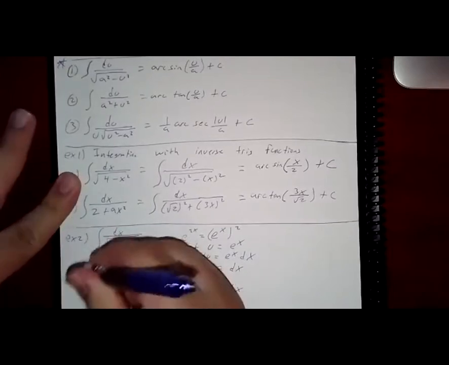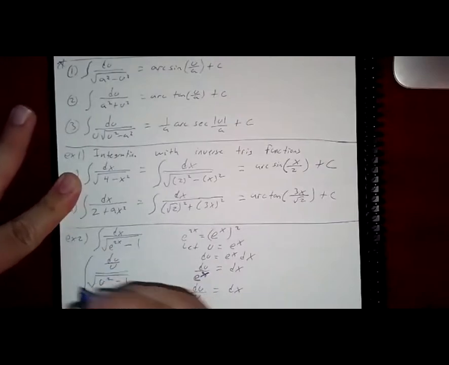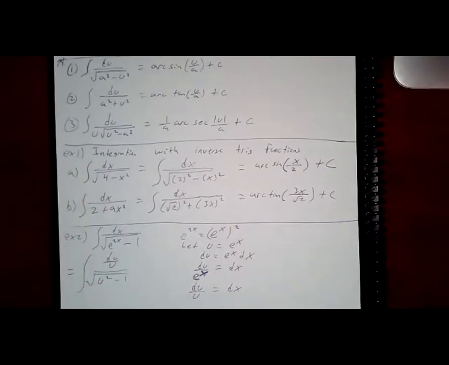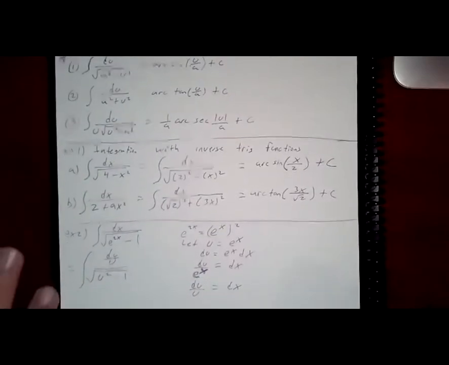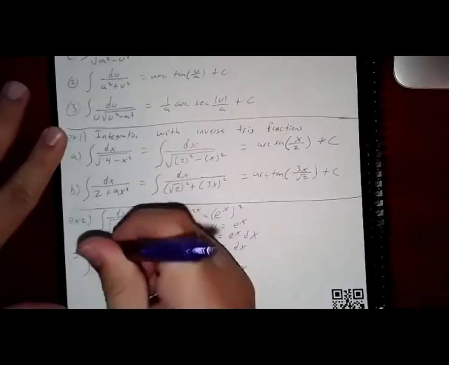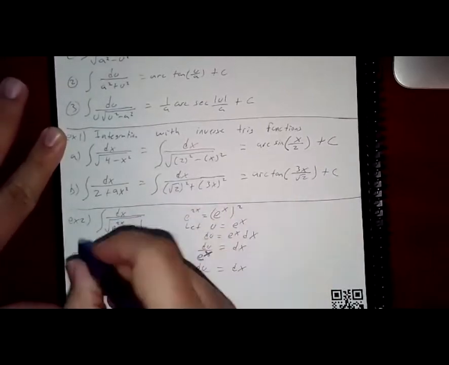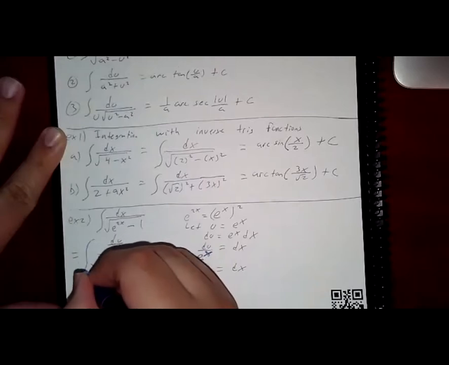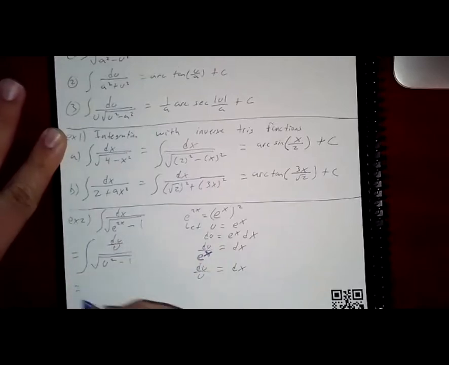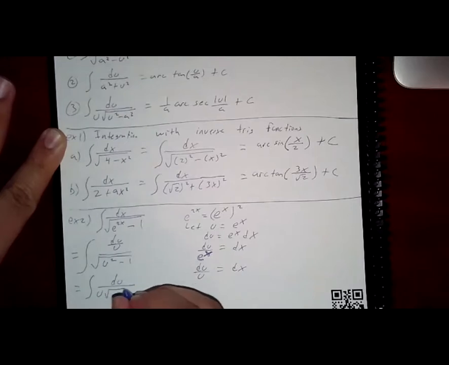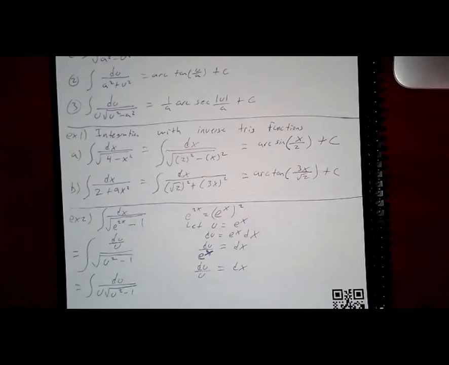Let me write that better. That looks funky, right? The symbols are all mixed up. Which then will give us du over u square root of u squared minus 1. So there it is.